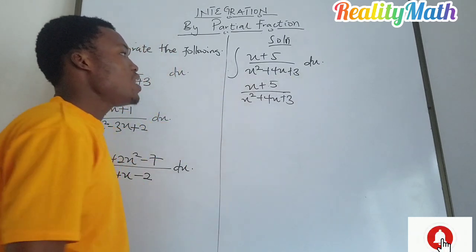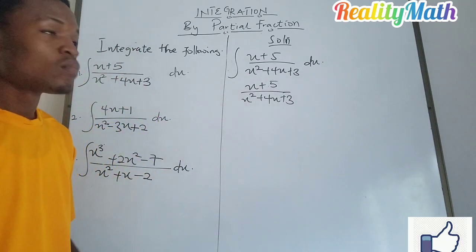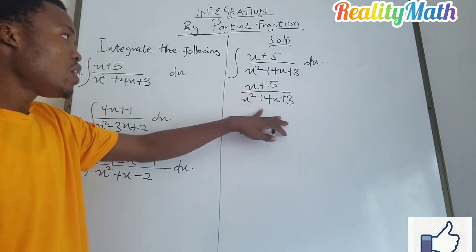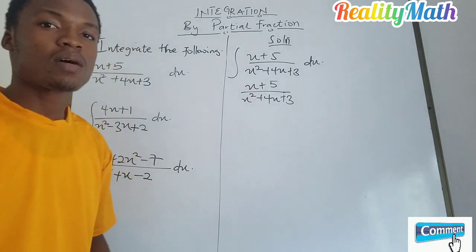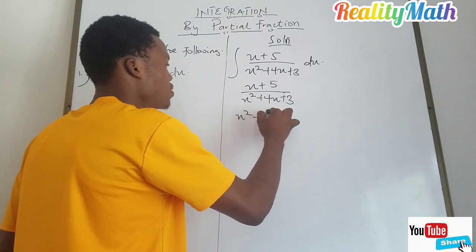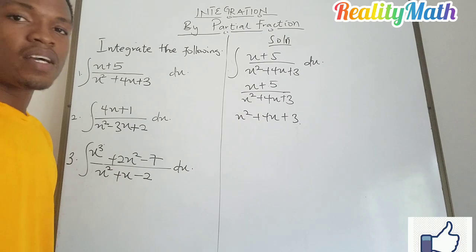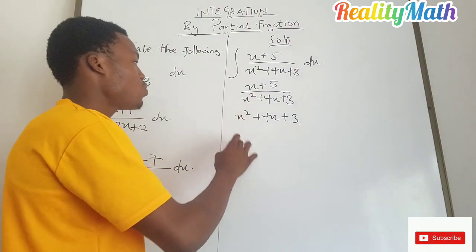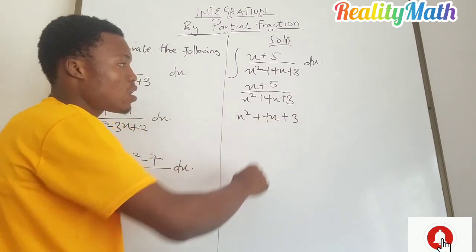All right, so let's recall, when we have this, how can we decompose it? We know that this denominator is a quadratic function. This is what we have: x squared plus 4x plus 3. This is the coefficient of x, the coefficient of x squared is 1, and this is our constant.